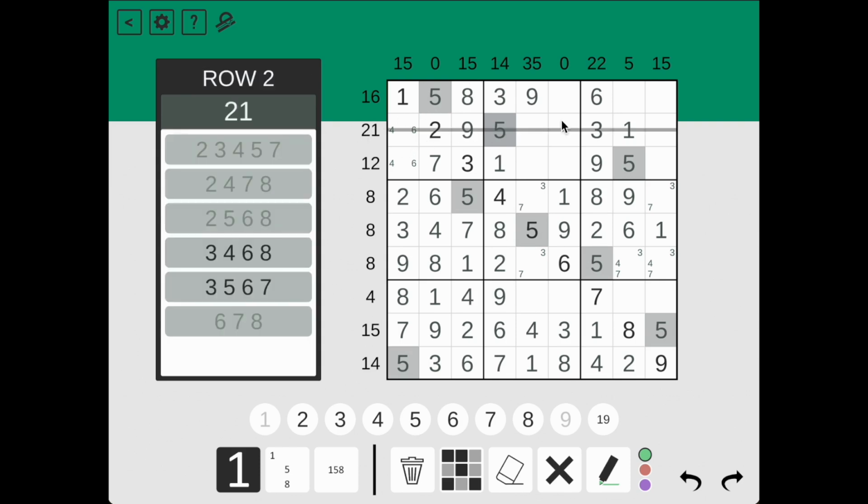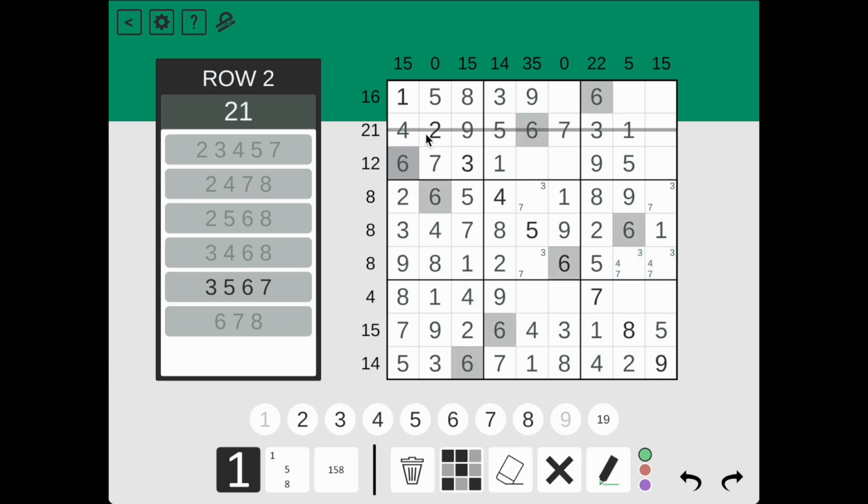Okay, here I now have a 3 and a 5, which means it's 3, 5, 6, 7. There's a 6 in this column, so this is the 7, this is the 6. That narrows us down to 4. This to 6. And on this row I have 1, 2, 3, 4, 5, 6, 7. This is 8 and 9.